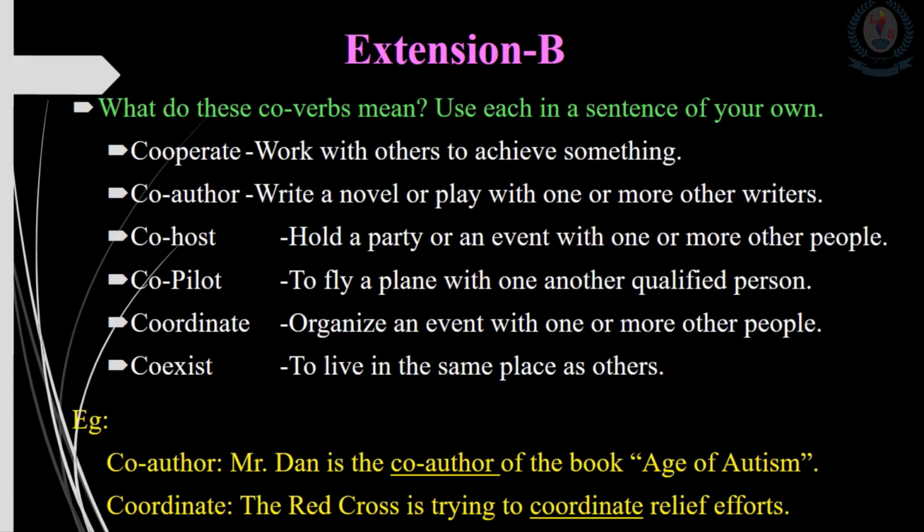Alright, now let's move on to the last activity of unit number 21, verbs, extension B. The question is, what do these co-verbs mean? Use each in a sentence of your own. There are 6 words given with the prefix co, and you have to refer to a dictionary to find the meaning of each word. Right. Now let's look at the meaning of each and every word given in this list. First word, cooperate.